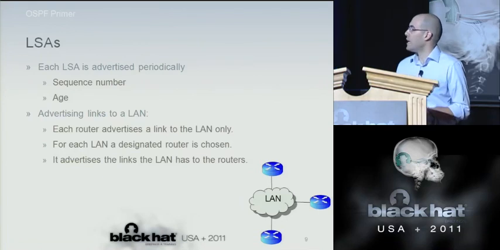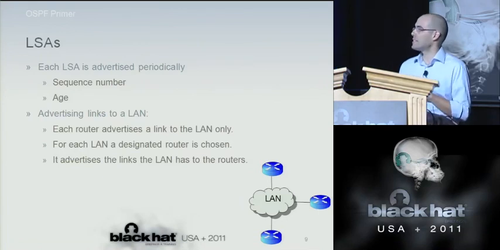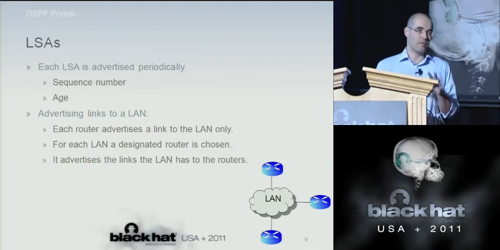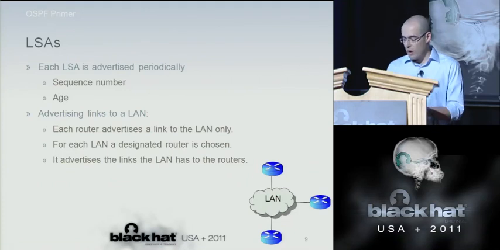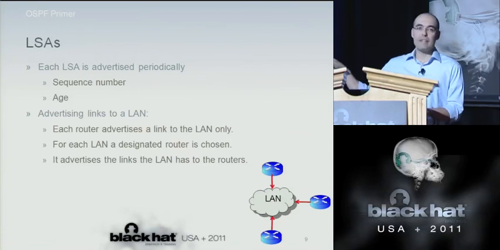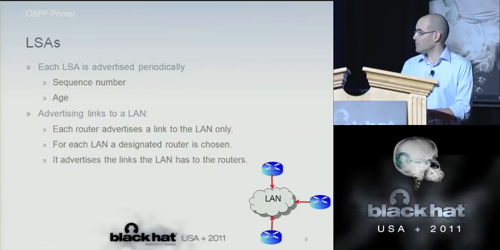Okay. And one other thing is advertising links on a LAN. Now, OSPF defines the following procedure for advertising links to a LAN. Each router first advertises a link to the LAN itself, not to other routers which are connected to it.